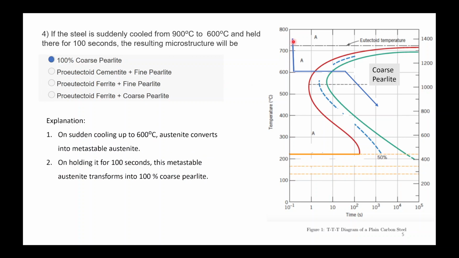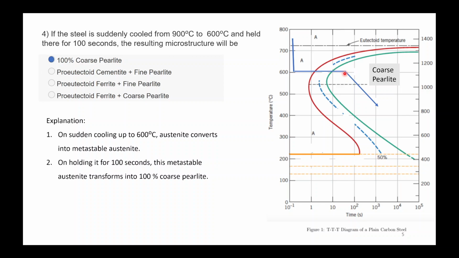And this is your cooling curve. Here first you are rapidly cooling up to 600 degrees Celsius, then you are isothermally holding it at 600 degrees Celsius. After that you are cooling it further below after 100 seconds. In 100 seconds you can see that your transformation will be almost complete.